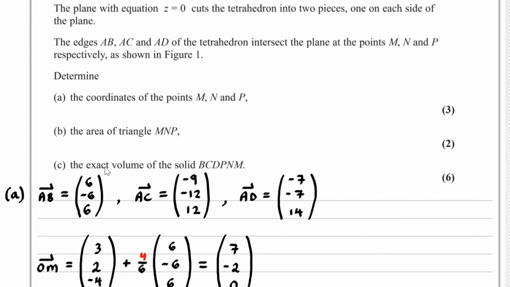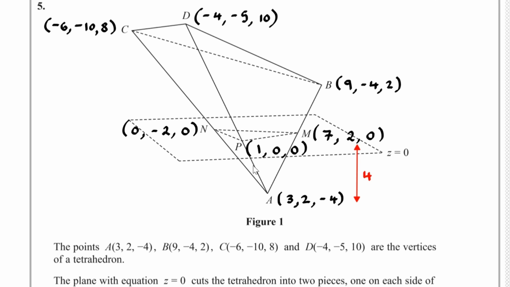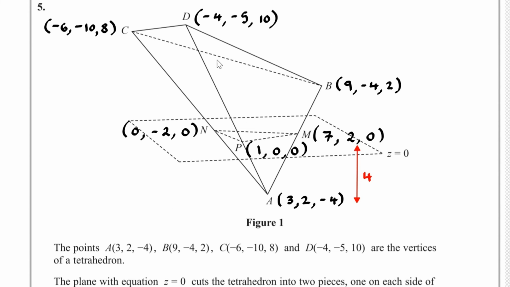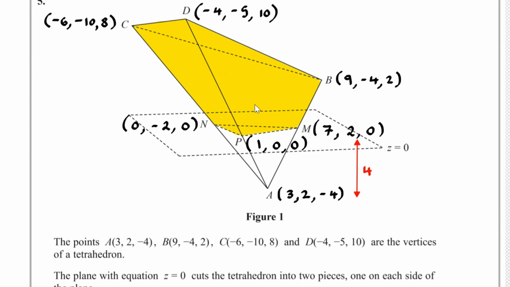Now for part C we have to determine the exact volume of the solid B, C, D, P and M, which is the remaining volume when we get this shape and slice it about the plane z equals 0. So this is the volume we need to find.